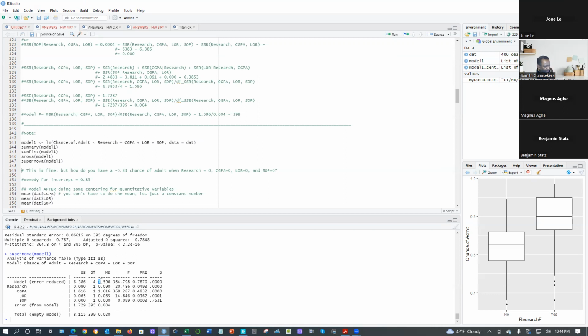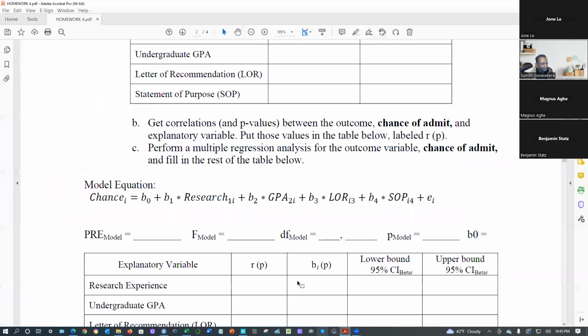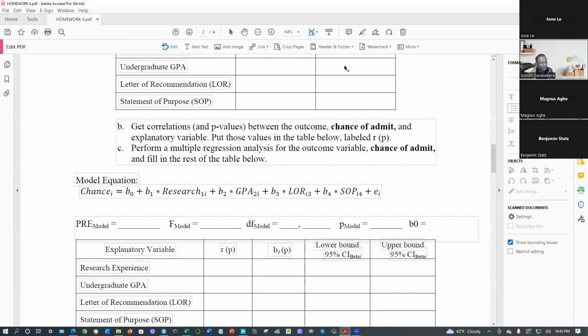And then later on, you're going to divide this by this. Mean squared regression divided by mean squared error will give you the F. This guy. That means you have two degrees of freedom, so I have to do an adjustment here to the degrees of freedom related to model F. Model F. Say it like that.